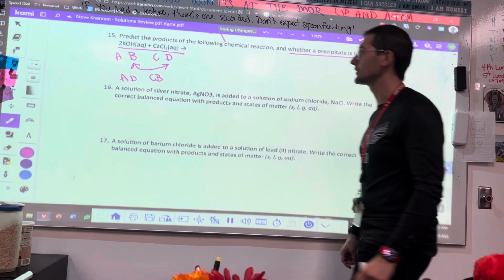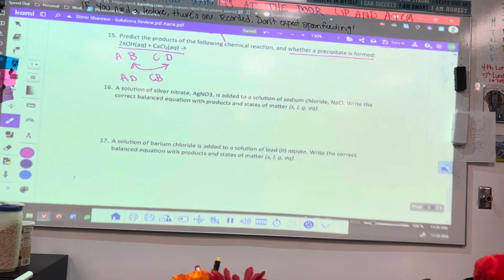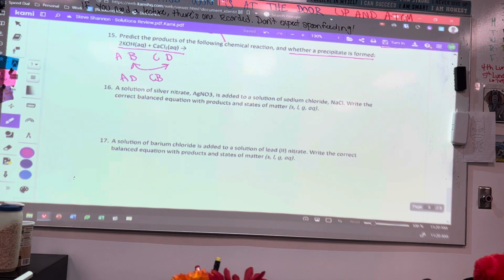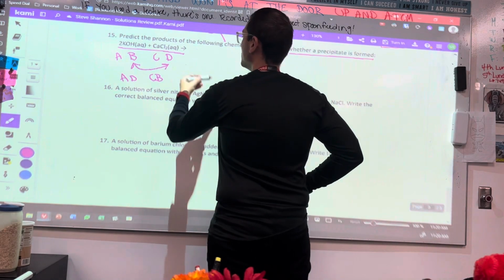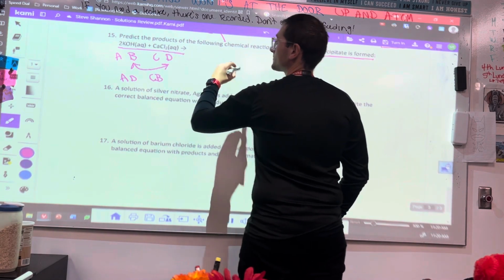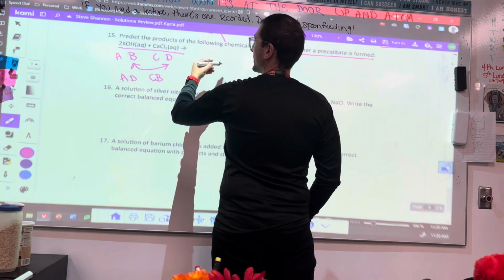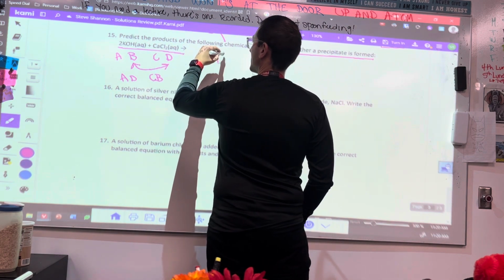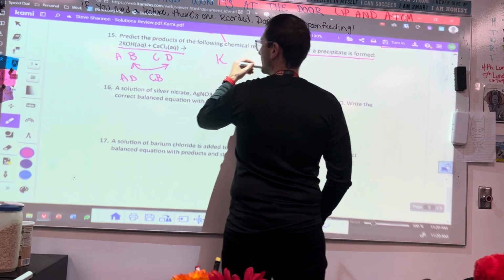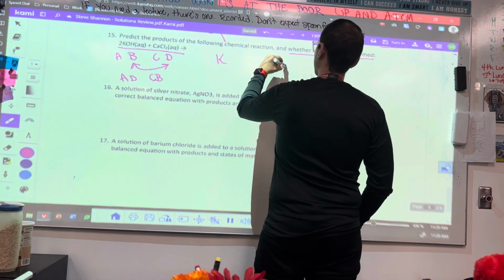So here's what that looks like. Let me make sure this is still recording. Okay. So I need to keep potassium in its place and calcium in its place.